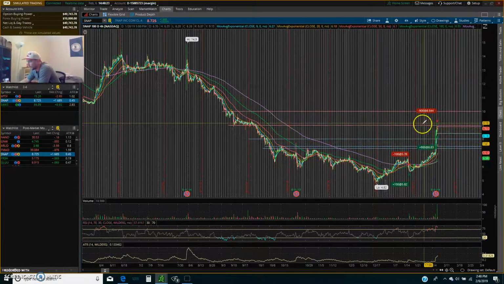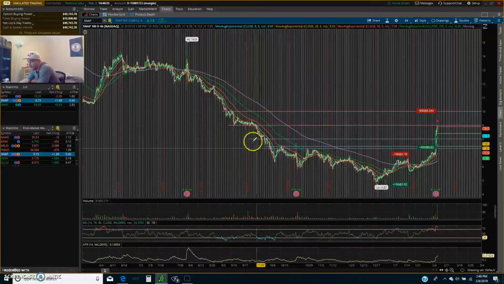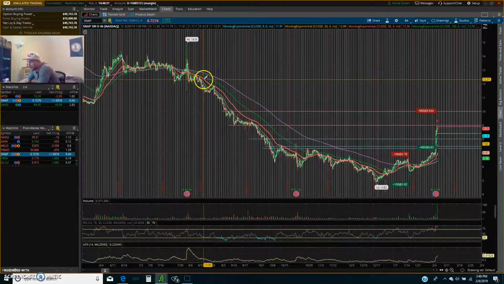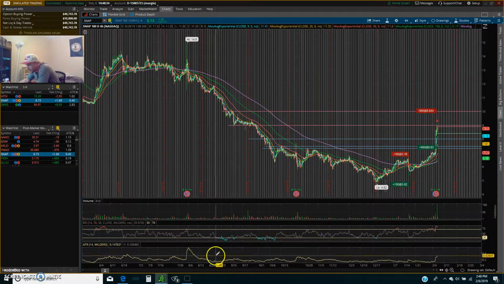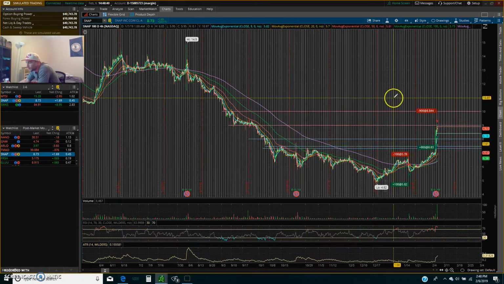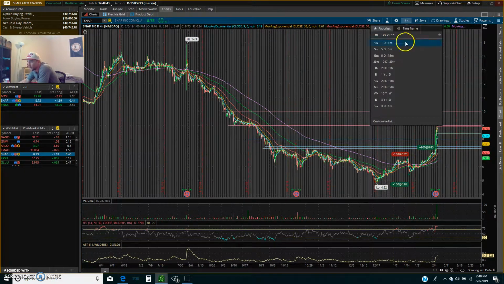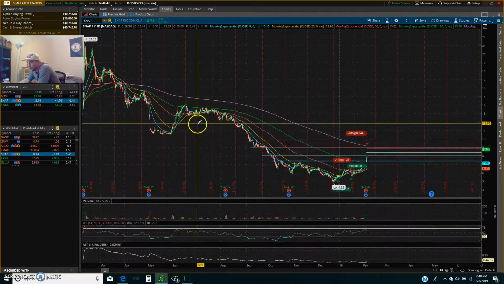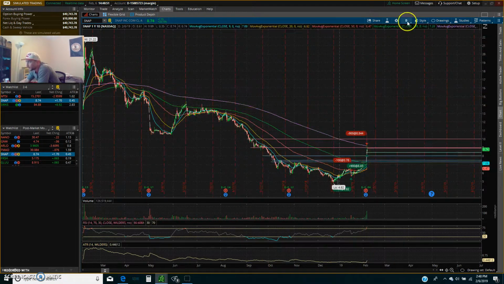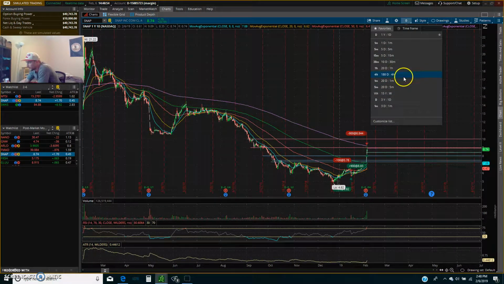So in my thesis, I had looked back at this stock, and I had realized that every time, this is Snapchat, every time it gaps up, it gets sold off. So pre-market, I was going back and looking, I went to the 1 year, I think, and you can see it sells off a lot.